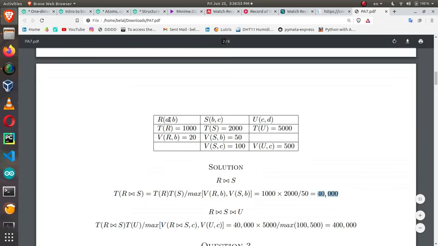So the resultant tuples have attribute C. These 40,000 have attribute C, so we can join them with relation U based on attribute C.